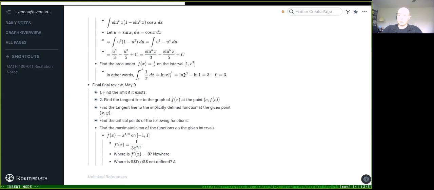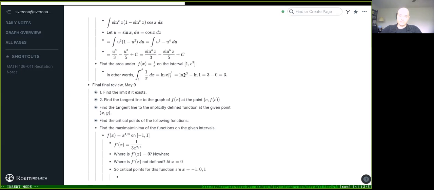And we do have such a point. That's going to be at x equals 0, right? Because then I would end up dividing by a 0, and that's bad news. So my critical points for this function are x equals -1, 0, and 1.